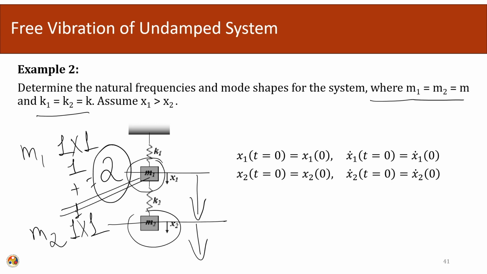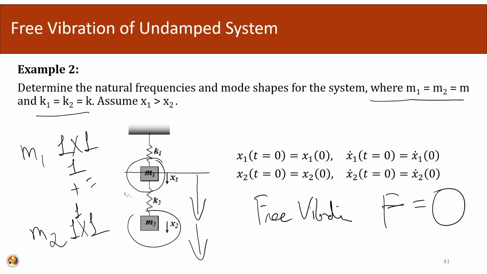So, we have established that this is a 2 degree of freedom system. Now, the forcing function. There is no forcing function in this system. So, this is a case of free vibration, simply meaning the external forcing function is 0, and there is no damping present in this system. The total damping in the system is 0.